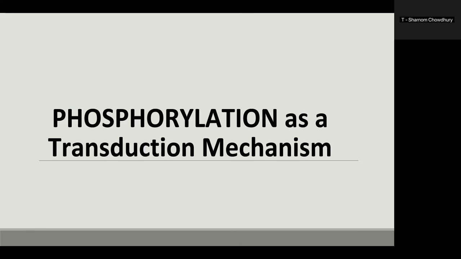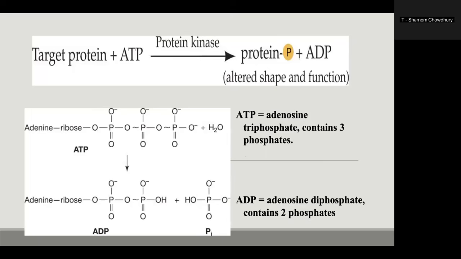Now we're going to talk about phosphorylation as a transduction mechanism. So what does that mean? As we mentioned before, ATP is adenosine triphosphate, containing three phosphate groups. ADP, adenosine diphosphate, contains two phosphate groups. Phosphorylation is where you add a phosphate onto a protein in order to either activate or inactivate it, changing its shape and thus changing its function.